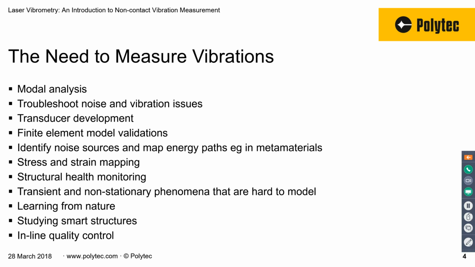You can compute strain from the vibration measurements, because we not only measure vibration in the direction of a single laser beam, we can, by using multiple lasers, measure three-dimensional vibrations and extract from that the strain distribution across a surface, where strain gauges or digital image correlation techniques just don't have the vibration or the strain resolution or the frequency bandwidth that can be achieved with laser vibrometry.